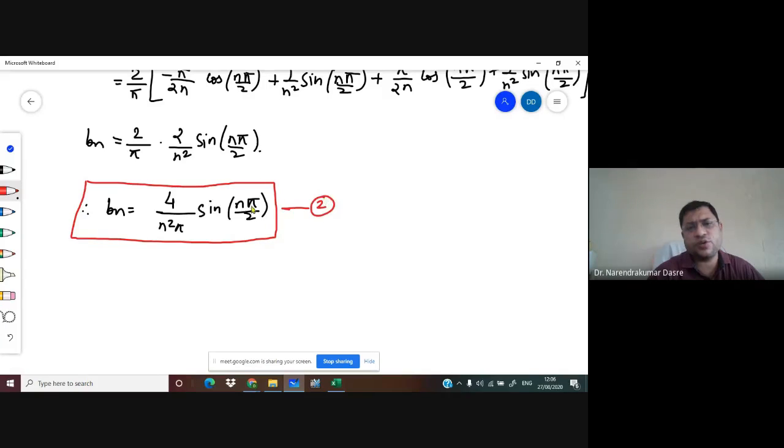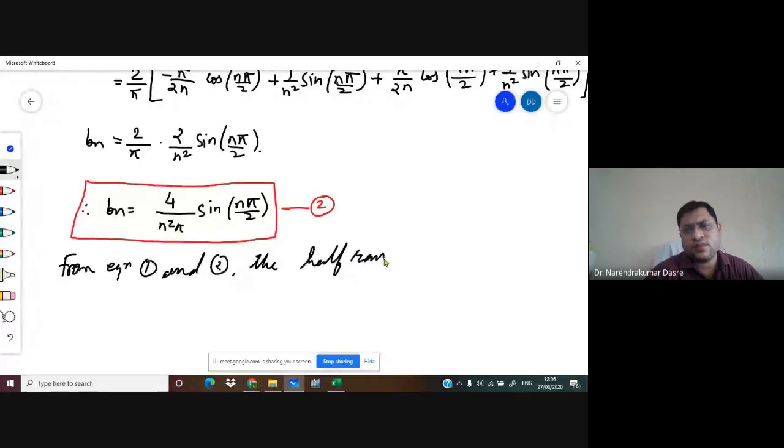So this is equation 2. Now we can write, from equations 1 and 2, the half range sine series for f of x.